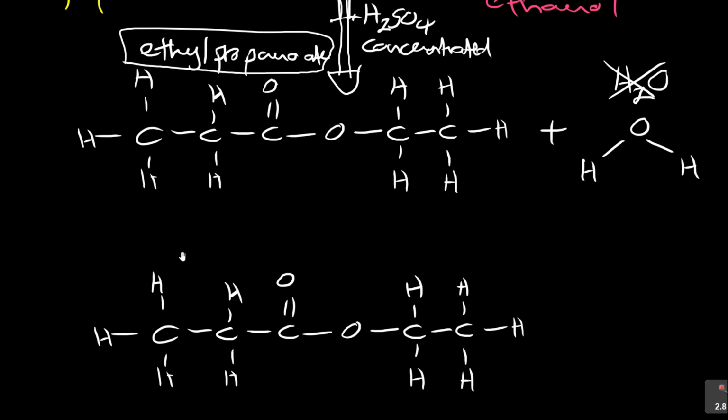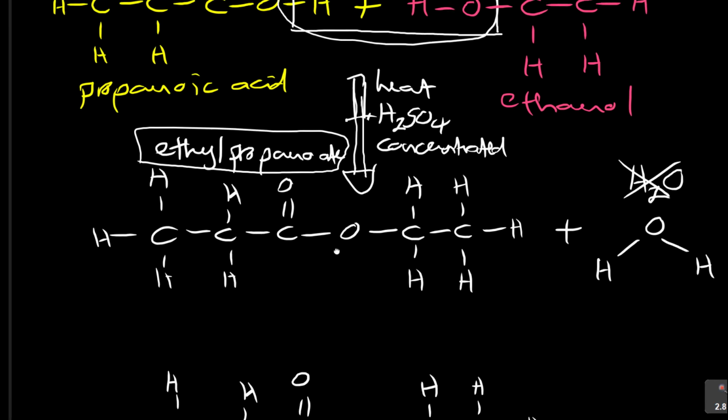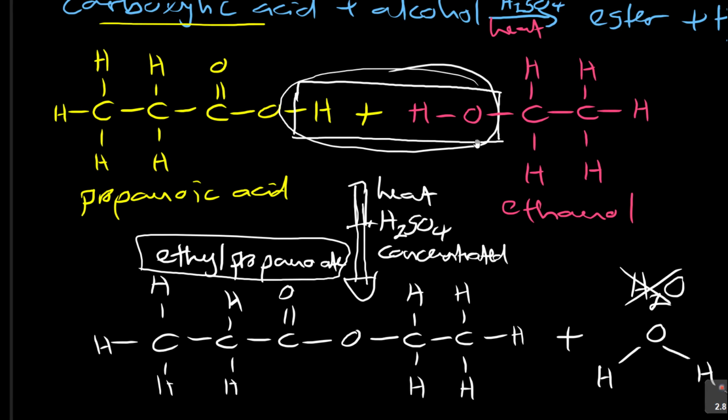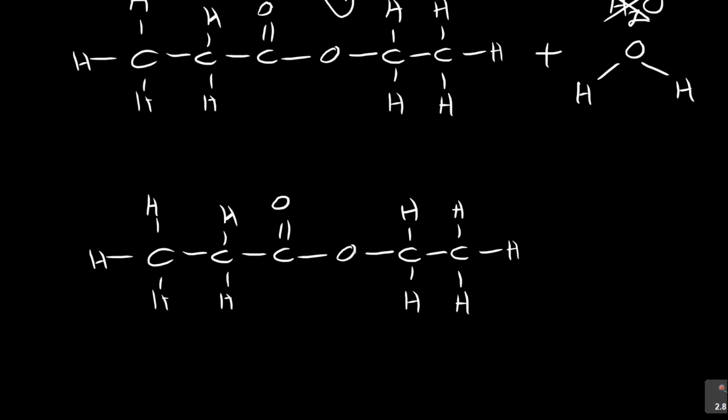and then they ask you which one is the alcohol component and which one is the carboxylic acid, and name them. So remember where we cut it from, the OH. You see, we cut the OH here. So even you come here and you're going to cut it just there. Are you with me?